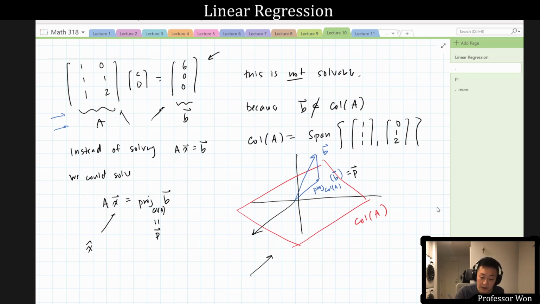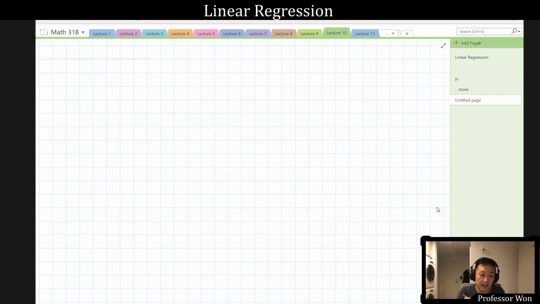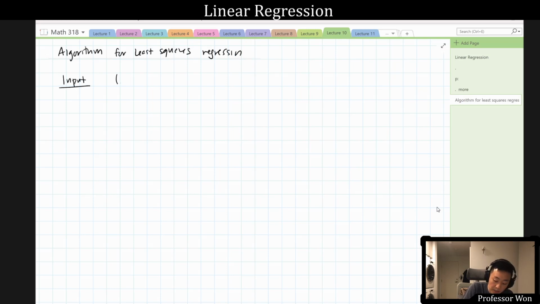Okay, so we should write down a general algorithm in this special case, and then let me talk a little bit about, well, what if you want to do more complicated linear regression? So here's the algorithm for the least squares regression line. The input that you have is a bunch of data points: T1, B1, T2, B2, through TM, BM.